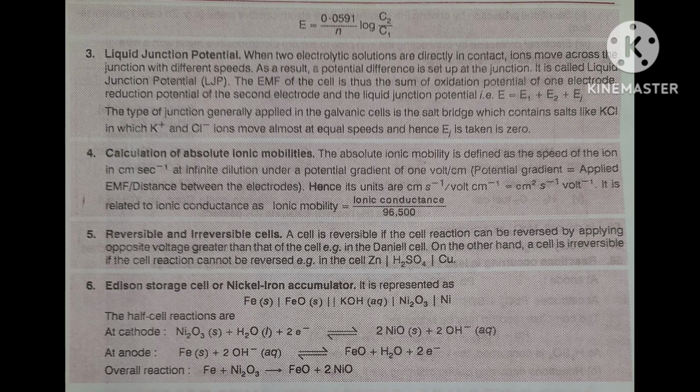A cell is reversible if the cell reaction can be reversed. How will we reverse it? By applying an opposite voltage greater than that of the cell, because you are changing the direction. Obviously, whatever voltage was there, now you have to apply more than that.